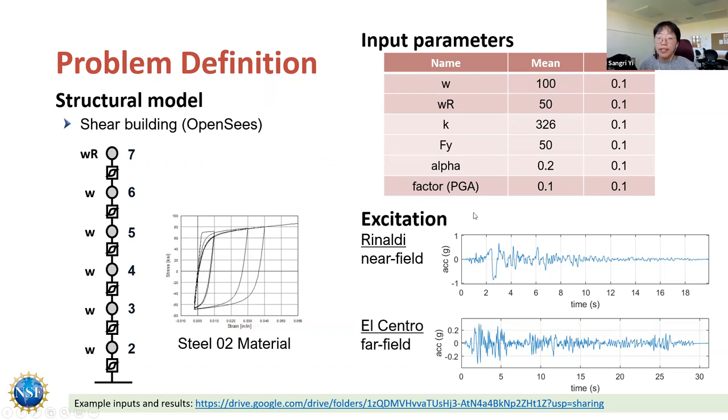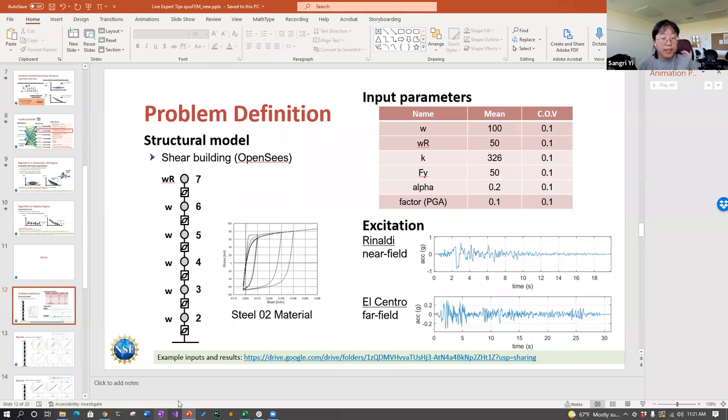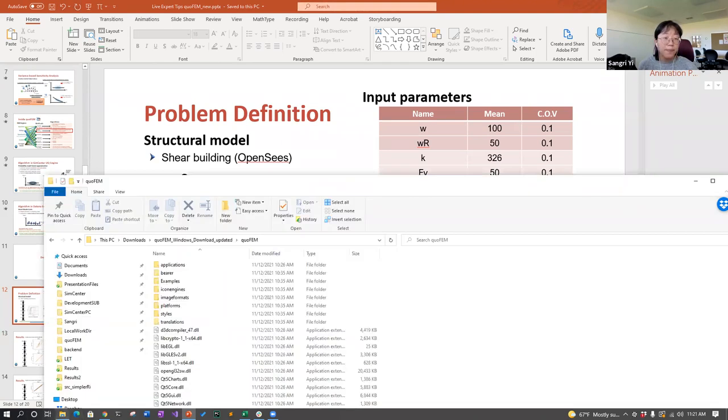For the excitation, we consider 2 different ground motions, the Rinaldi and El Centro time histories, which represent near field and far field ground motions. I will show you how the sensitivity analysis for this model can be done in quoFEM.